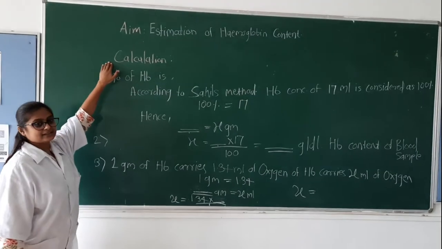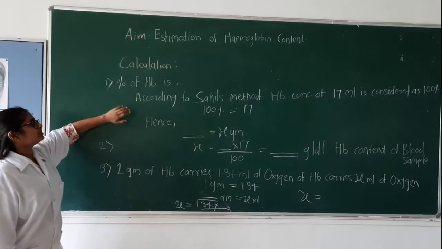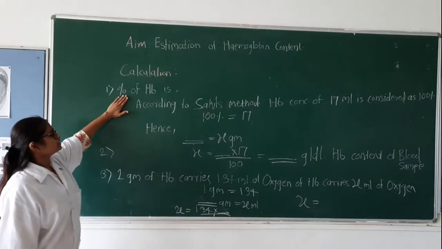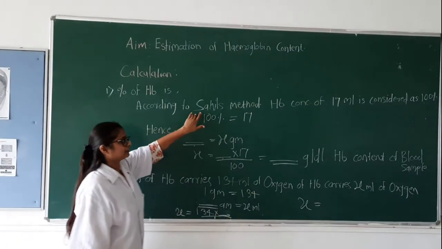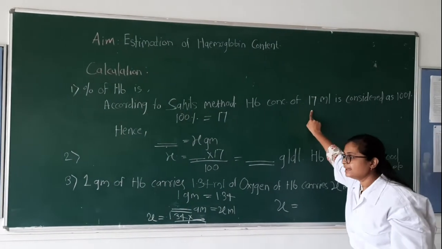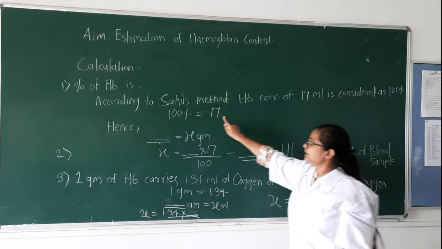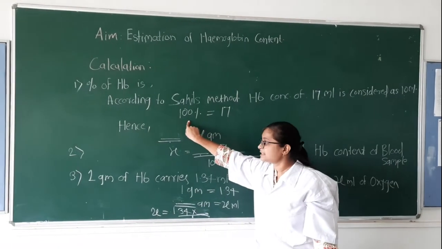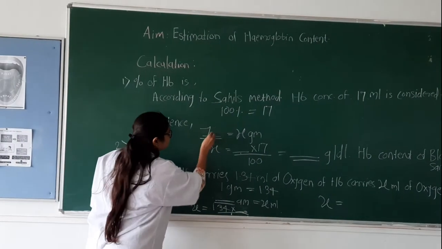Now next one is the calculation of the hemoglobin content. In that, the first step is the percentage of the hemoglobin. According to the Sahli's method, the hemoglobin concentration of 14.5 gram is considered as 100%. Okay, so what about 70%?